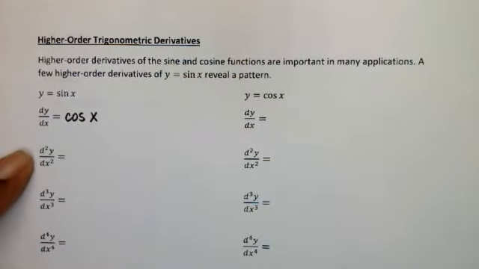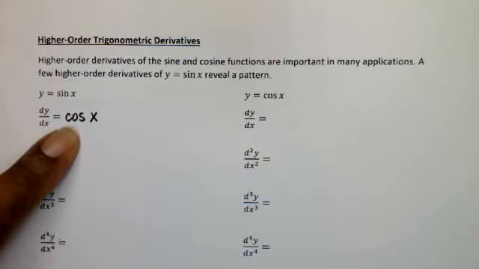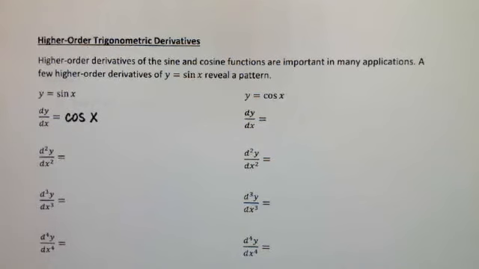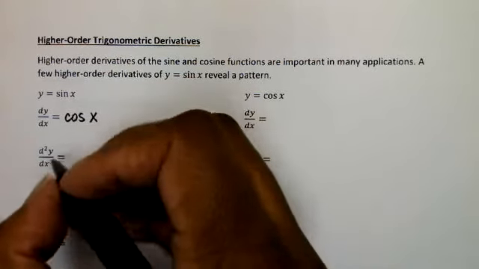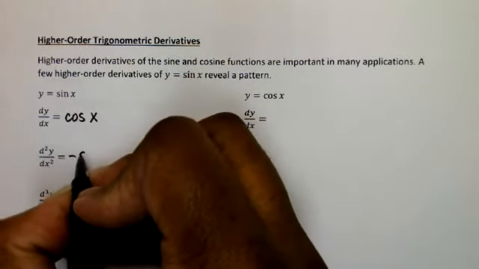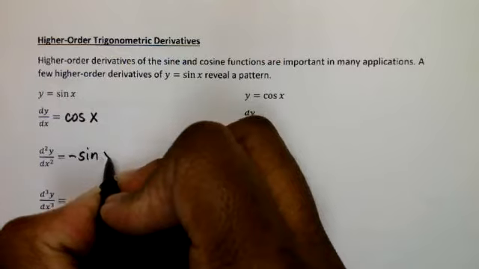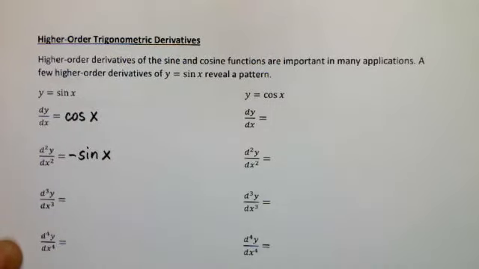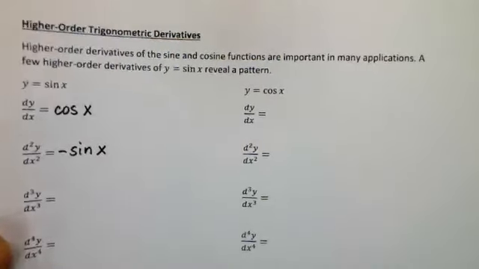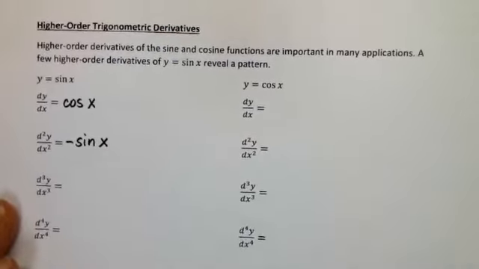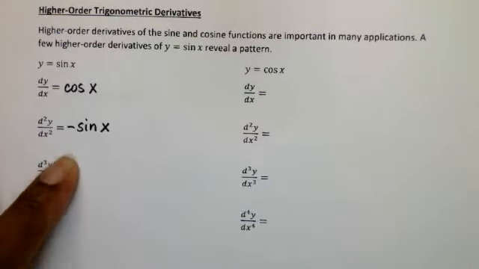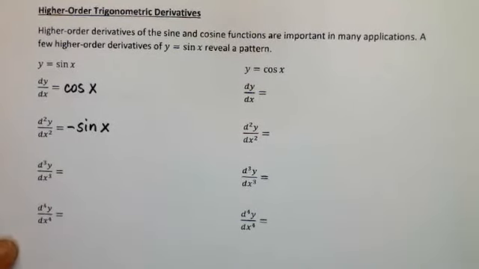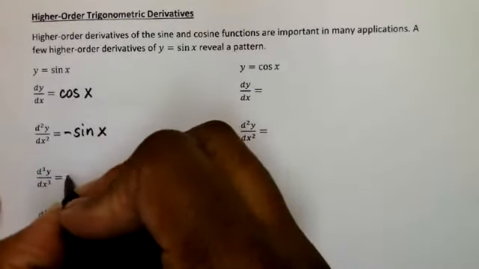Now from that, we can take the second derivative of y with respect to x. If the derivative of y is the cosine of x, then its second derivative is the derivative of cosine of x, which is negative sine of x. Now using this, we can take the third derivative. I'm going to bring down the negative.